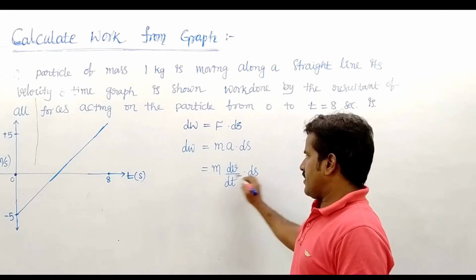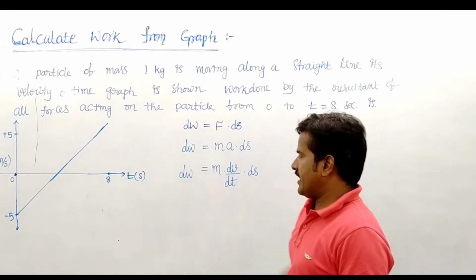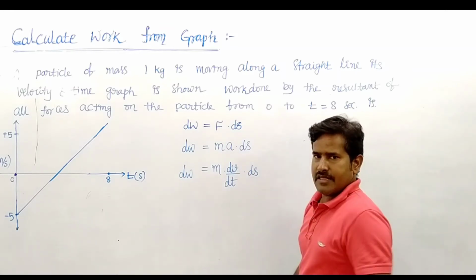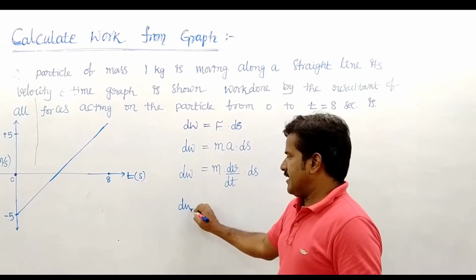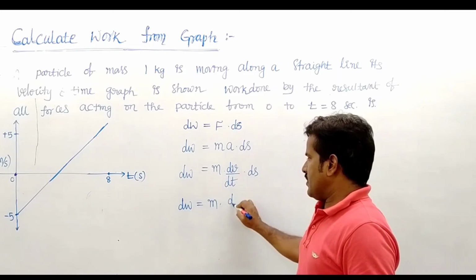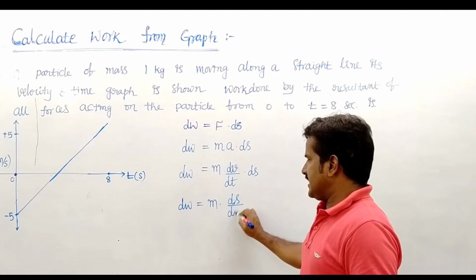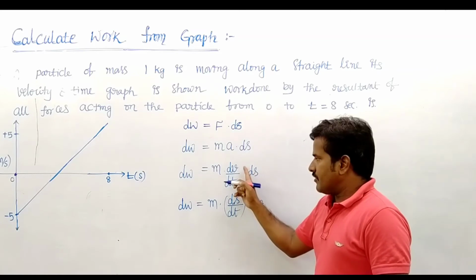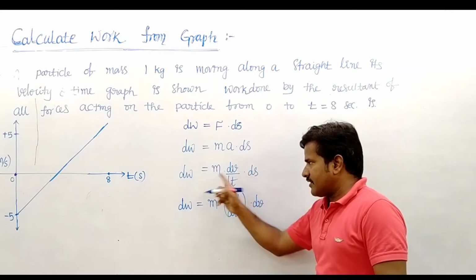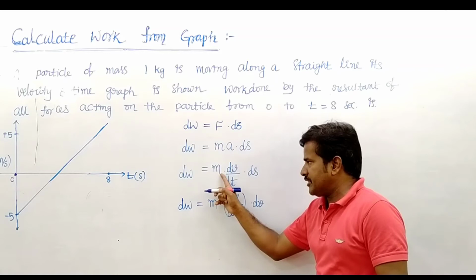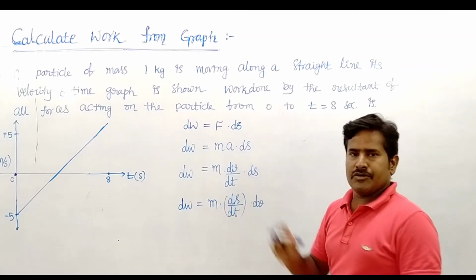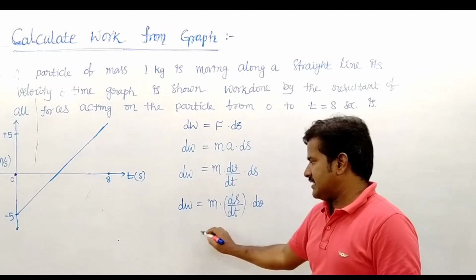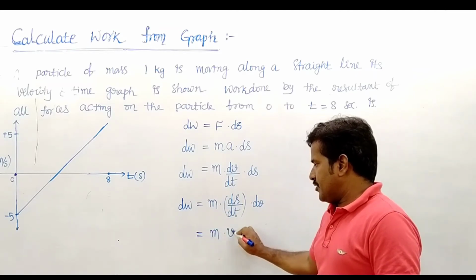So dW equals m into dv by dt into ds, which is m into ds upon dt into dv. Here ds upon dt is nothing but velocity, so dW equals m into v into dv.